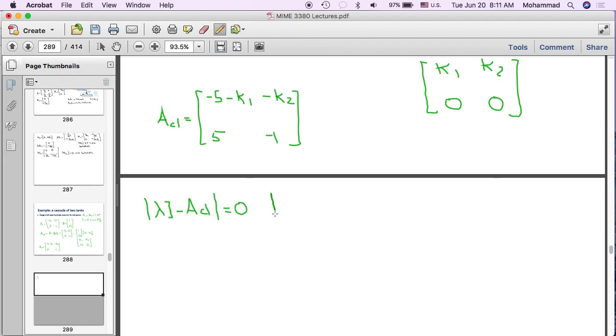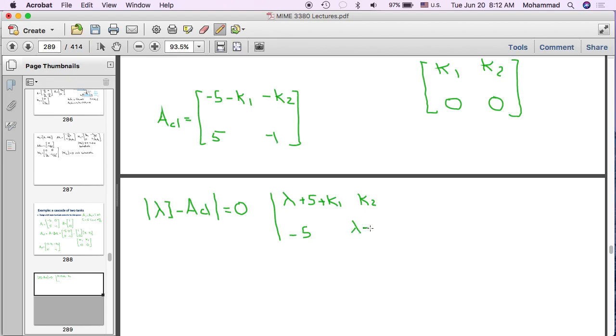So lambda I is lambda 0, 0 lambda, and we are going to subtract from it this matrix. So lambda subtracted by minus 5 minus K1 becomes lambda plus 5 plus K1. 0 minus minus K2 becomes simply K2. 0 minus 5 becomes minus 5.